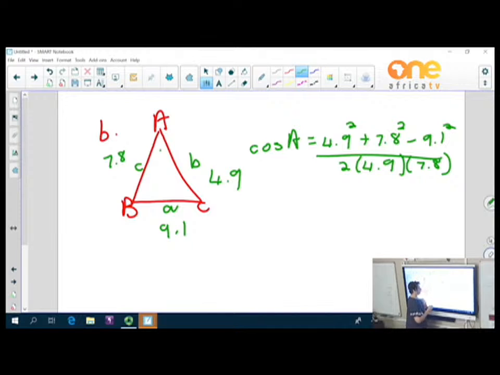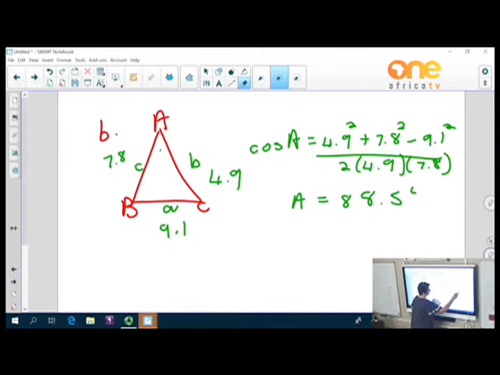Okay, so if you go through all the steps, second function cosine, this whole value here, then I got that A is 88.5 degrees, angles to 1 decimal place.